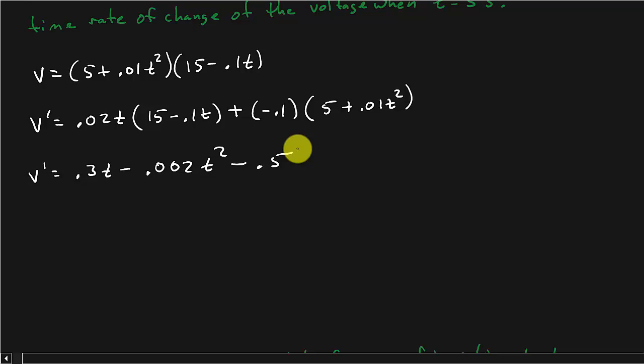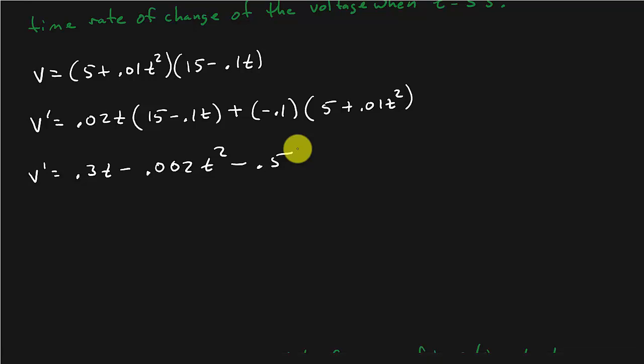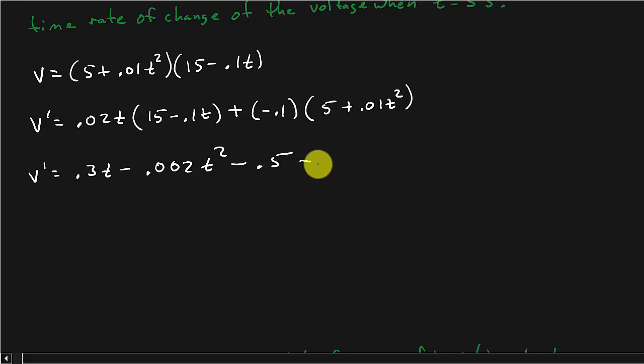And then we have 0.1 times 0.01, that's going to be minus 0.001. And so this gives us V prime is negative 0.003 t squared plus 0.3t minus 0.5. And there's your derivative.